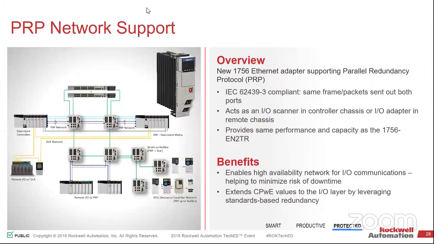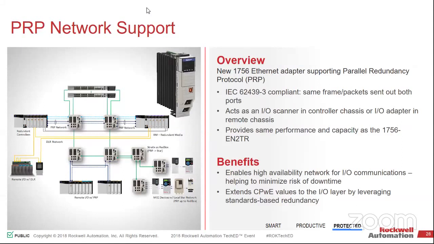The other thing around protection and availability: the PRP architecture is supported in PlantPAx 4.5. A couple of months back, we did a full user group on PRP and on architecture, so I won't go into details on how this works, but essentially PRP stands for Parallel Redundancy Protocol.